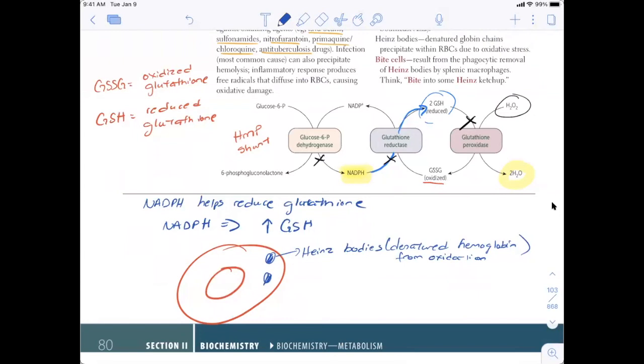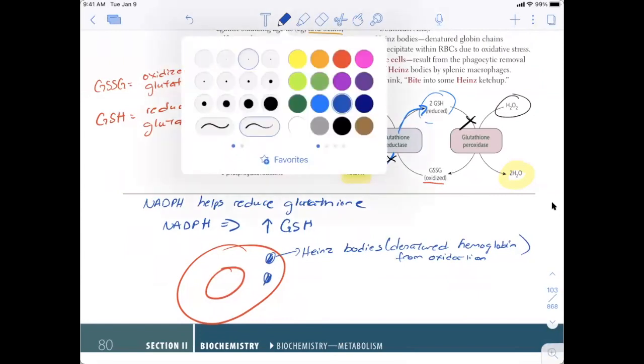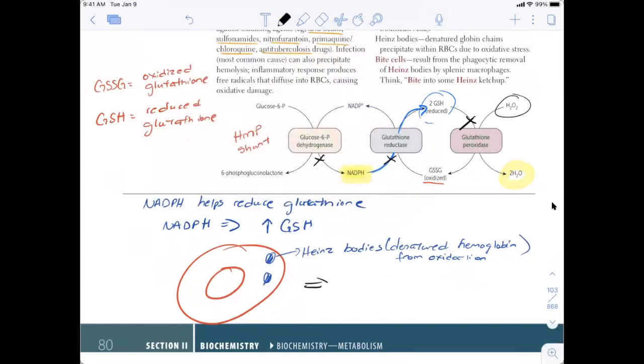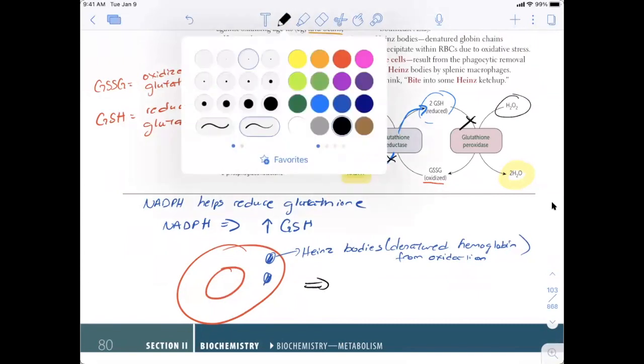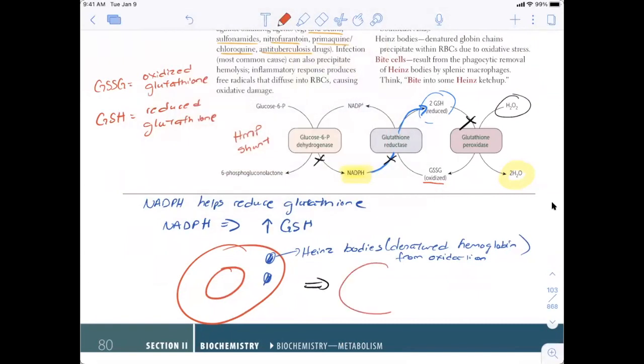They bite them off and you end up with a cell that's been fragmented, all right? So now your red blood cell looks like that. And that's what you call your bite cell. Why? Because your splenic macrophages have taken a bite, all right? They're going to try to bite off the Heinz bodies.